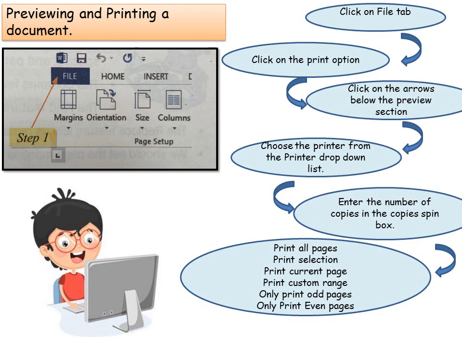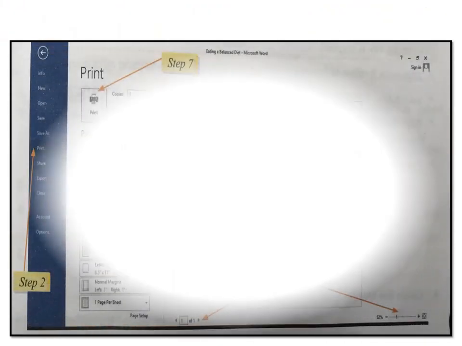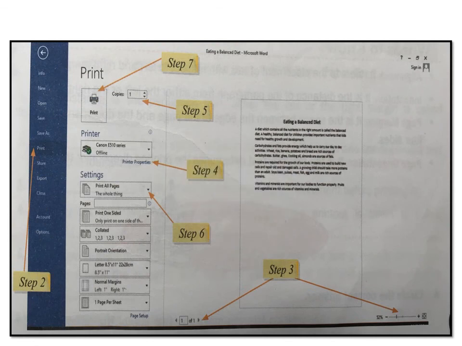You all can select one of these. Then click on the Print button. Yes, now you all can see the figure 4.19b on page number 54.